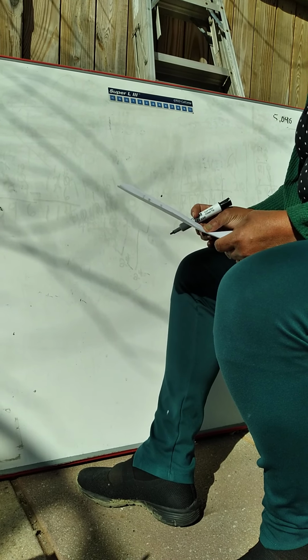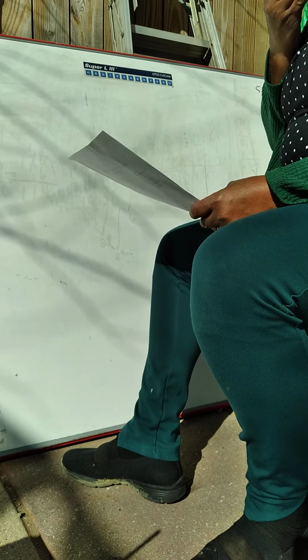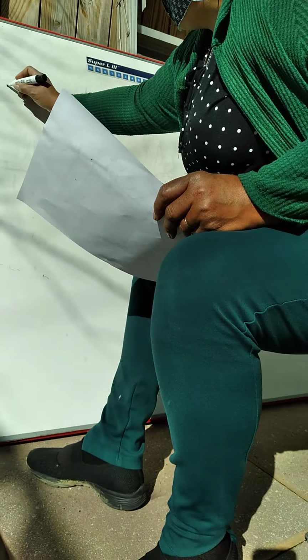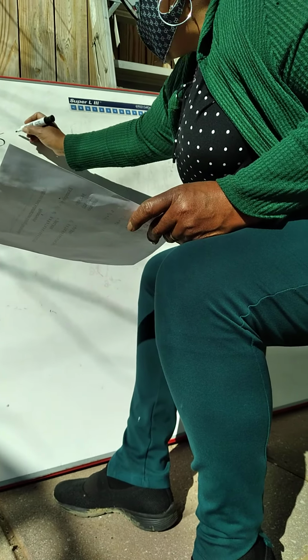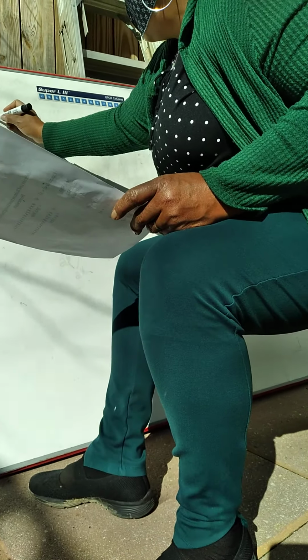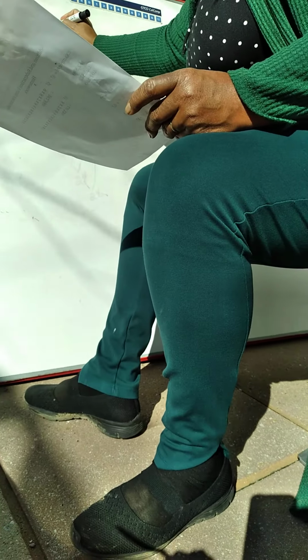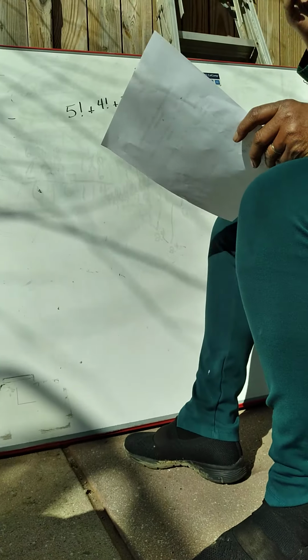I'm going to take one of these problems and we're going to do the opposite. This is not what we had. 5 factorial plus 4 factorial plus 3 factorial. Let's see what we come up with.